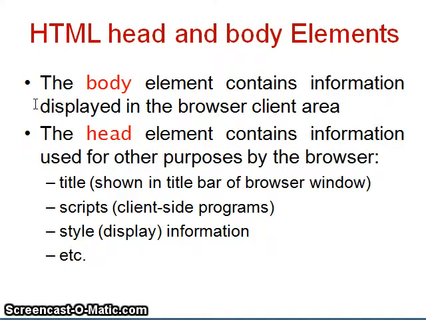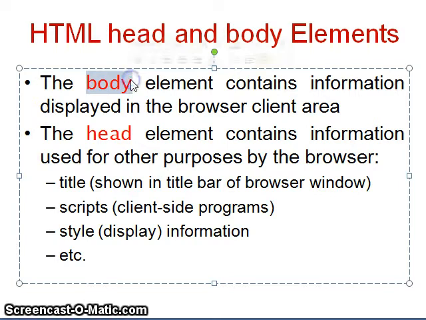The HTML in turn contains two child elements, one is the head, another one is the body. The body element contains the information to be displayed in the browser client area. The head element contains information used for other purposes by the browser.